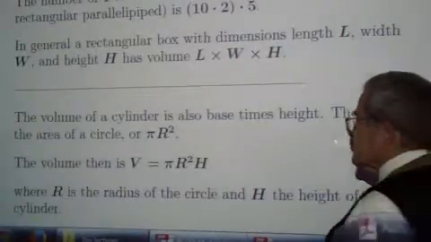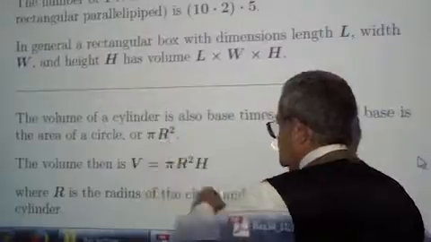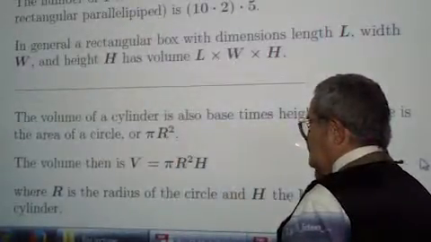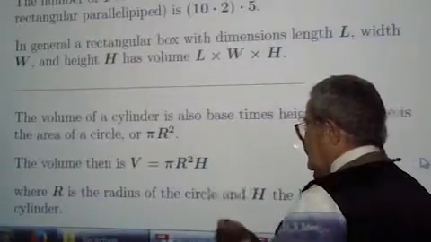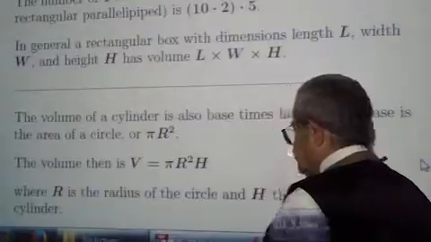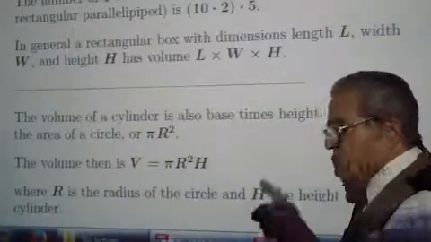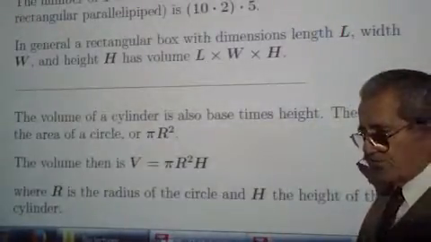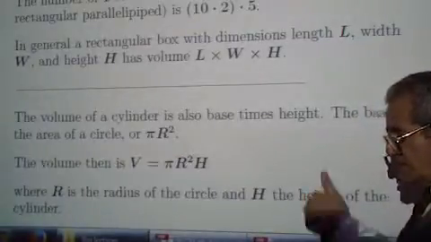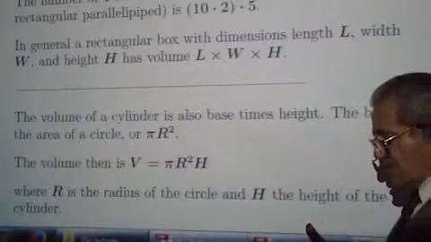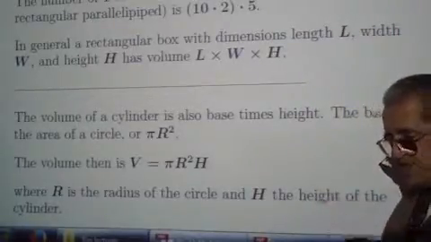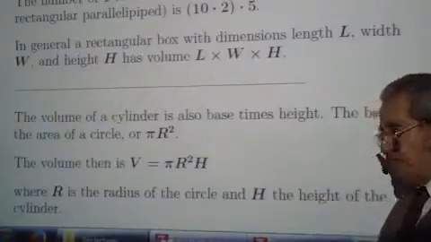The base is a circle, pi r squared. The top is a circle, pi r squared. And you multiply the base by the height. That gives you pi r squared times h. That's the volume of a right circular cylinder. The word was right. So right, you have the axis that goes in the middle, and that is perpendicular to the base. Okay, so it's straight up. It's not leaning on the side.